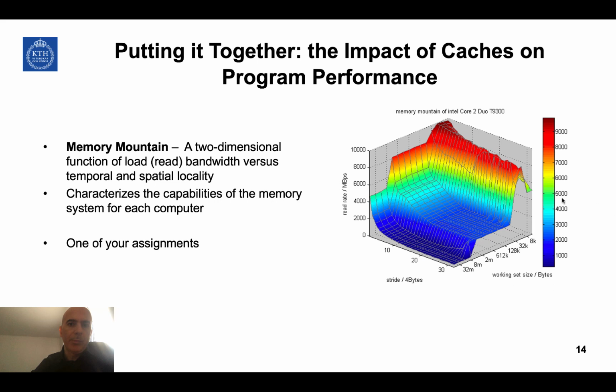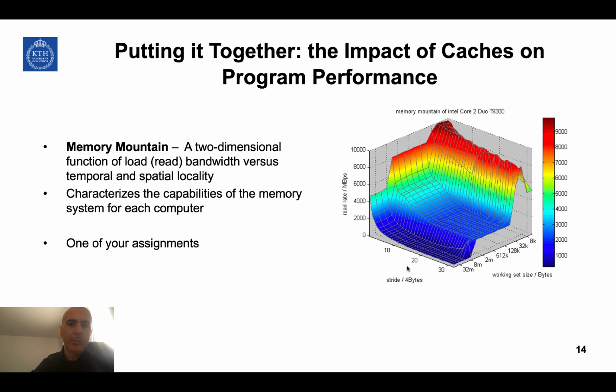So here on the right we have a plot of our memory mountain. On the z-axis we have the bandwidth as a read rate. On the y-axis we have the size of the array that we are operating on, very much like in the stream example.